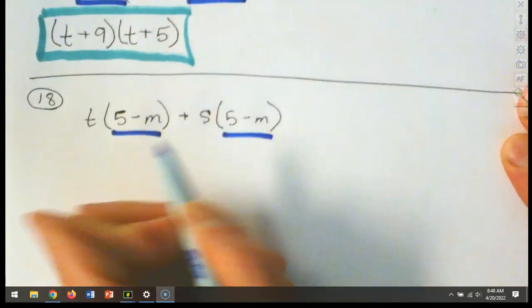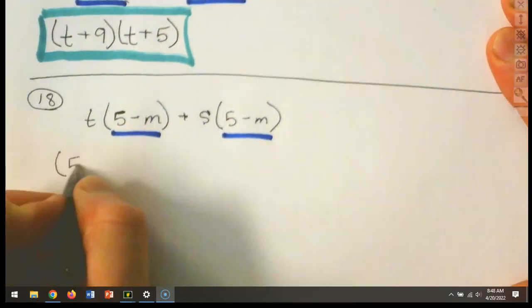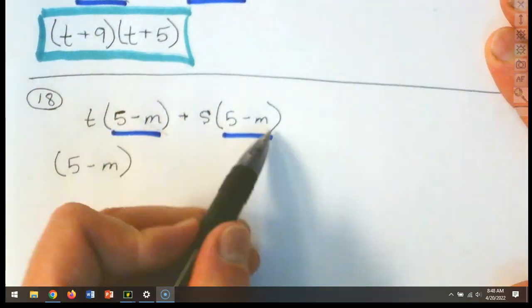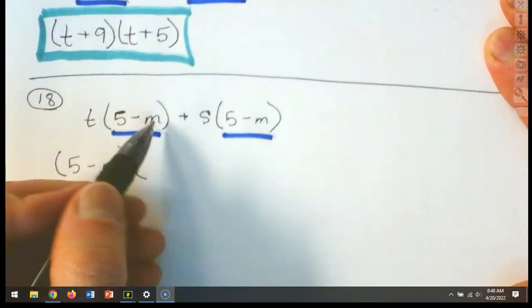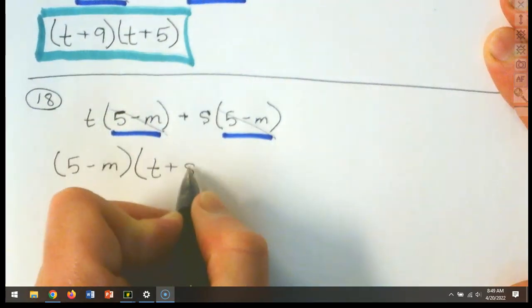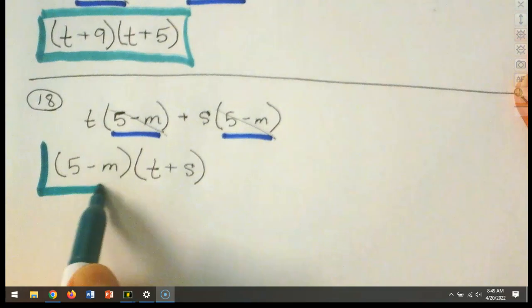So that means that 5 minus m can come out. That's gone, and that's gone. What's left over then? T plus s, and that is your final factored, finished answer.